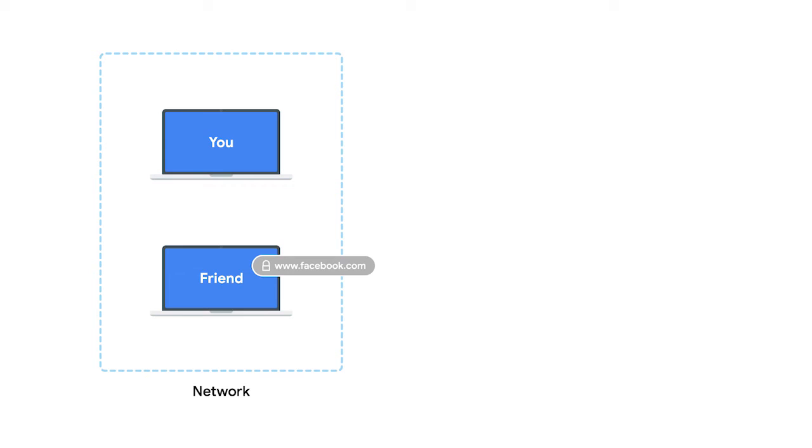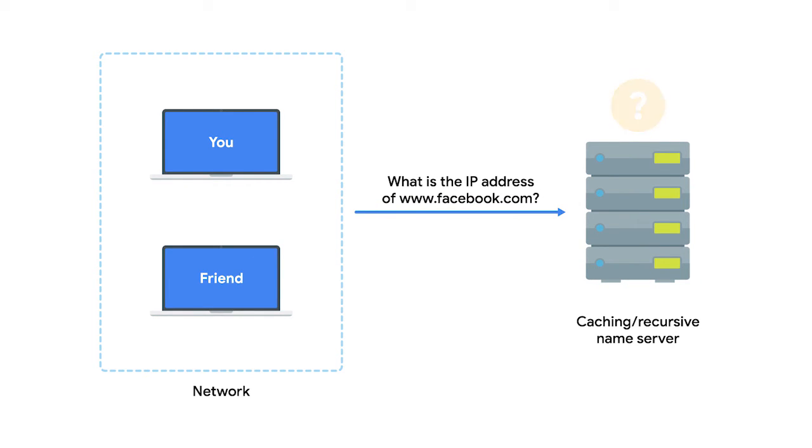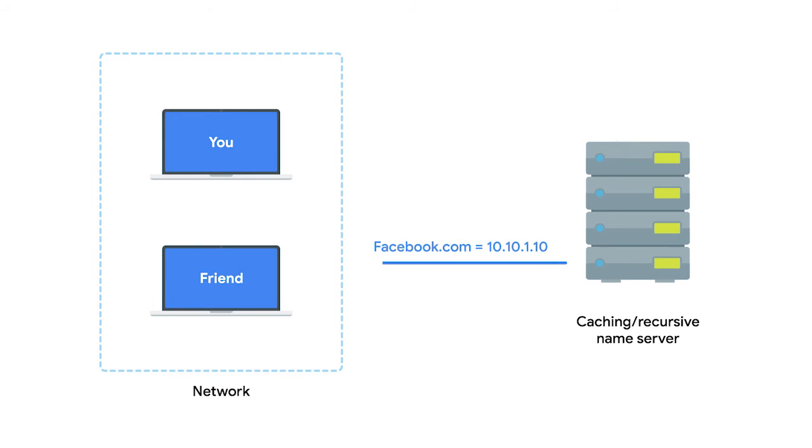So your friend's computer asks the name server for the IP of www.facebook.com, which it doesn't know. This name server now performs a fully recursive resolution to discover the correct IP for www.facebook.com. This involves a bunch of steps we'll cover in just a moment. This IP is then both delivered to your friend's computer and stored locally in a cache.